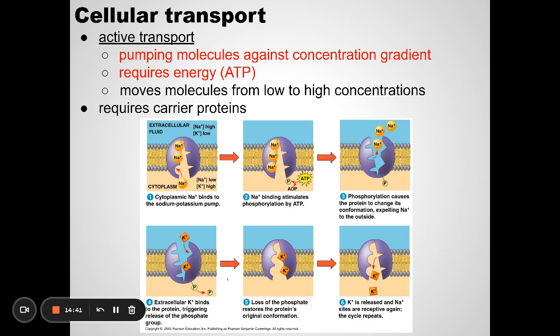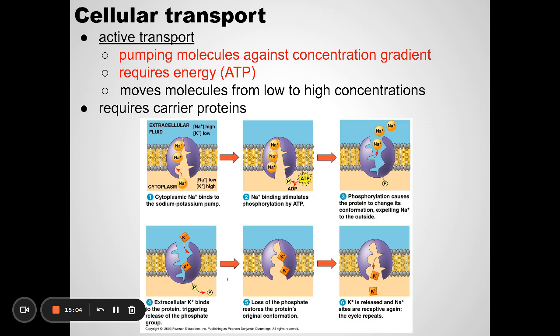And in cells, the molecule that's used for energy is ATP. That is the energy of the cell. We'll talk more about it when we talk about respiration this week. We could see that in this sort of diagram.